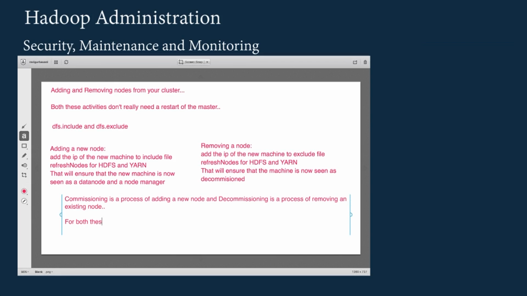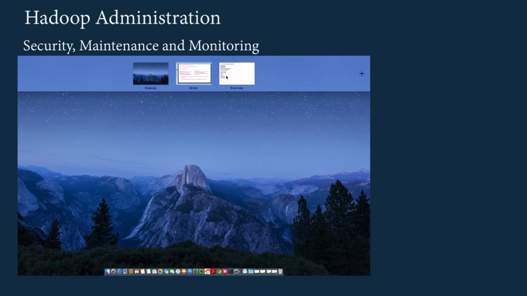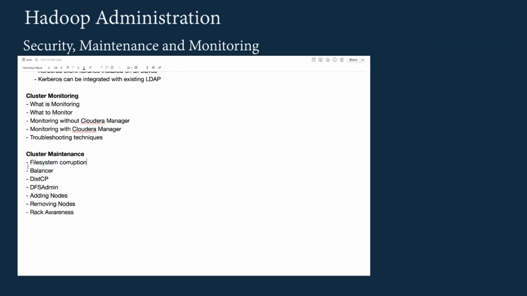For both these processes, the restart of name node and resource manager is not required. So this is the concept of commissioning and decommissioning nodes. Quick check: file system corruption is clear, balancer, distCP, dfsadmin, adding and removing nodes.